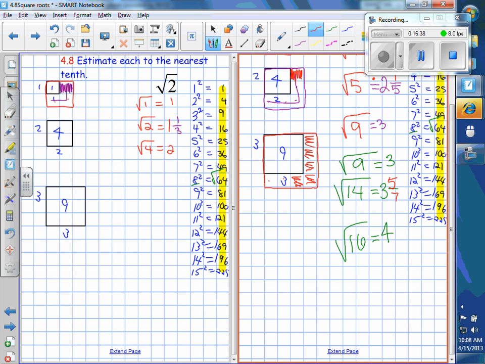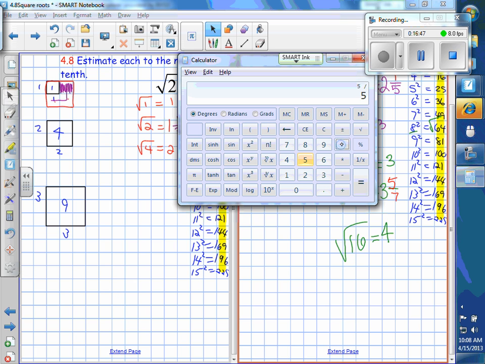Now, you could leave it like that, but let's just, on a calculator, let's talk about 5 sevenths here. What is 5 divided by 7? 0.7, roughly? Okay, so I was trying to do the square root of 14, right? 3.7. Whoa.